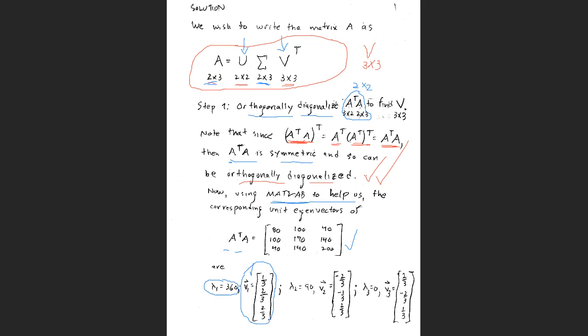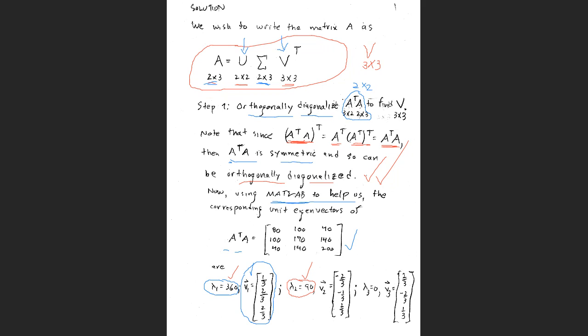The second eigenvalue, so the second positive eigenvalue, is lambda 2 equals 90. And I'm listing them in this order for a reason. I am saying lambda 1 is the largest positive eigenvalue. Lambda 2 is the next largest positive eigenvalue.